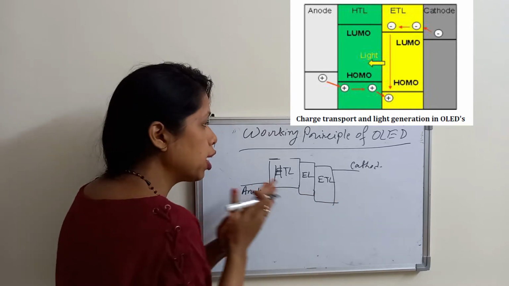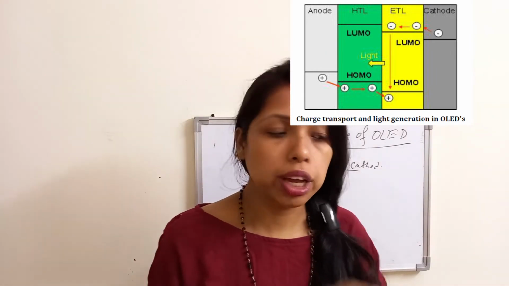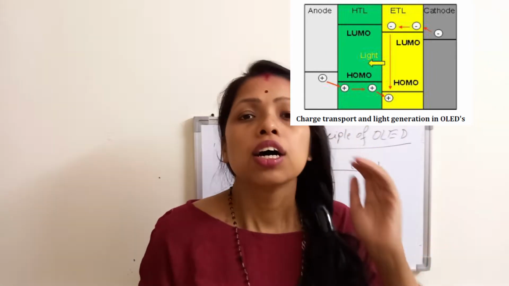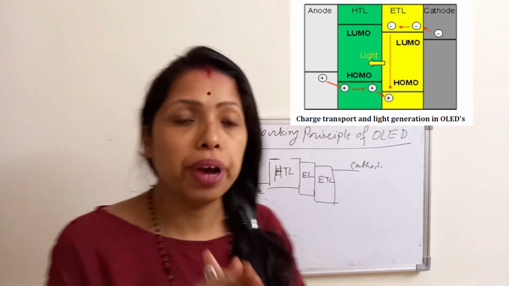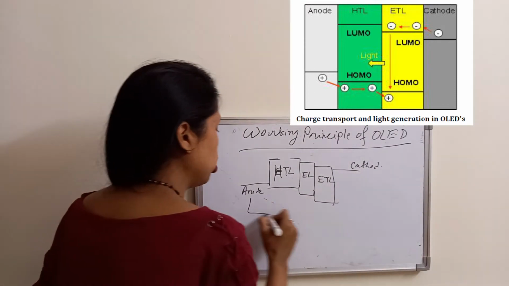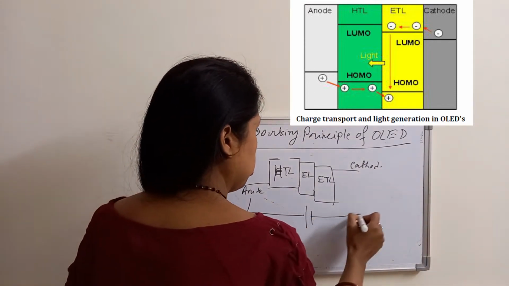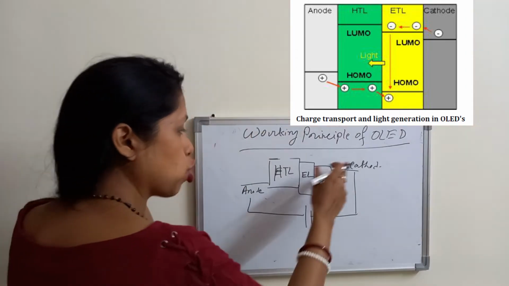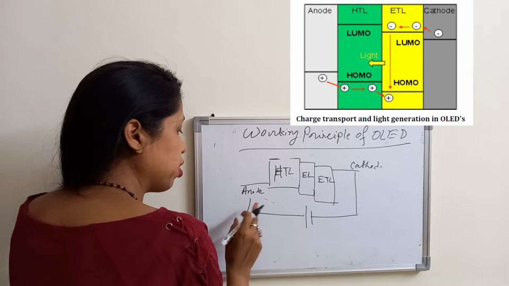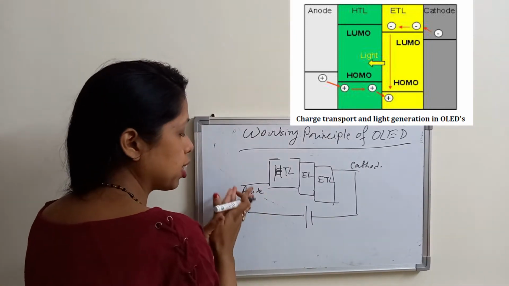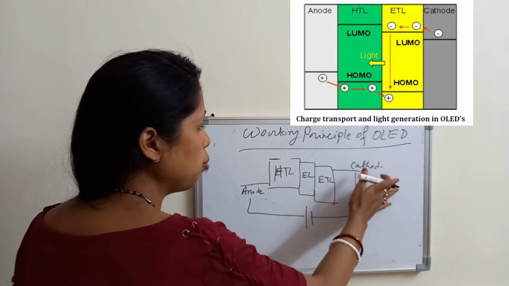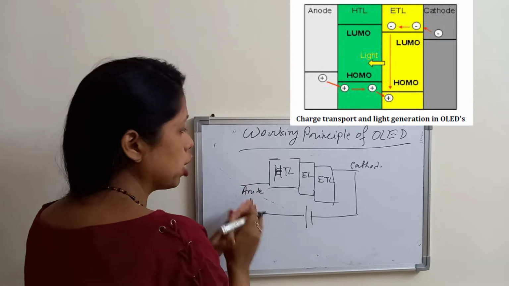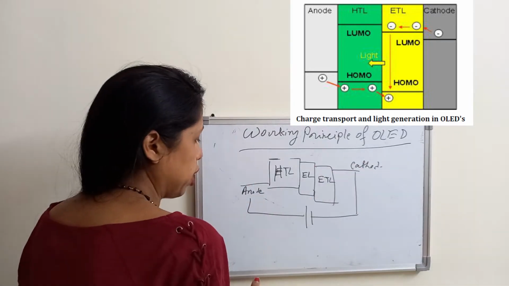The organic light emitting diode is driven by the electroluminescence effect. Okay, so we have to apply the positive forward bias. For that, the anode should be more positive as compared to the cathode.